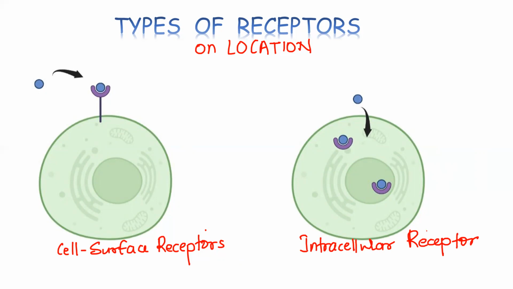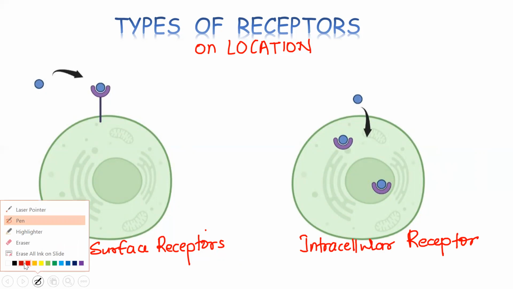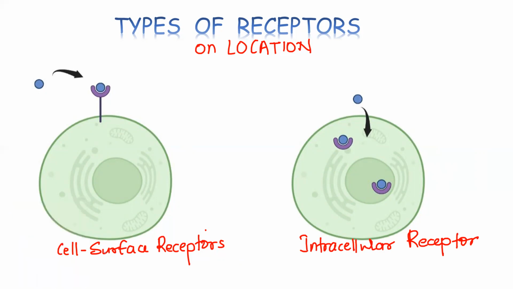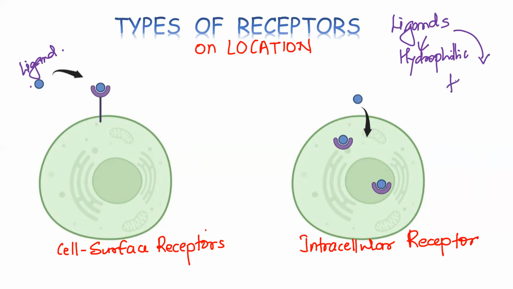Apart from the location, the major difference is the kind of molecule that they bind with, that is, the ligand. So even based on the ligand, the location can sometimes be described. Ligands generally, a good chunk of them, are hydrophilic, and some of them are hydrophobic.